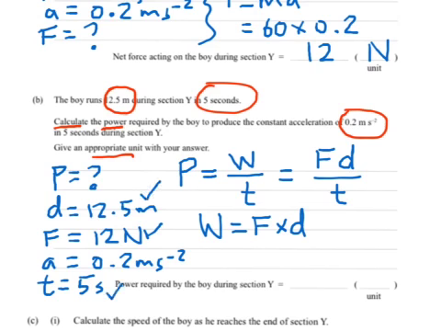So we're now actually in the right position. You will notice that the acceleration is not required in this question. However, we did need it to work out the force initially.